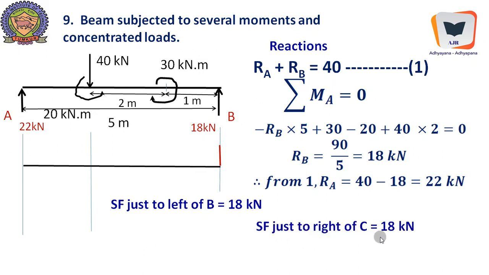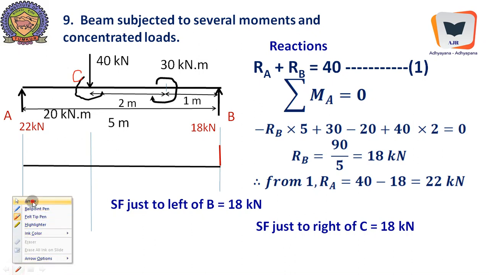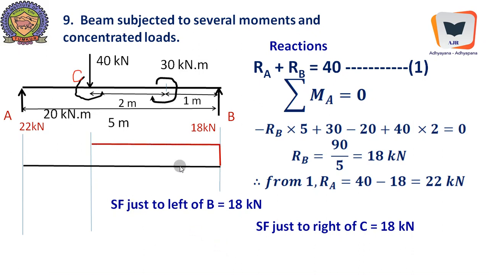And SF just to the right of C is plus 18 once again up to C. This is the point C. Just to the right of C, the same 18 kilonewton will continue, because there are no other intervening forces, and it is plotted. So it's a uniform shear force.